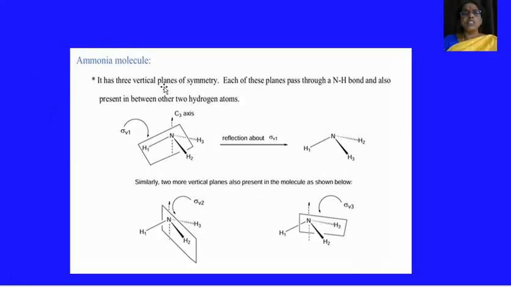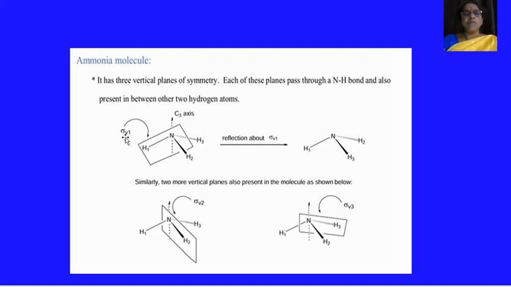Ammonia molecule possesses three vertical planes. The principal axis is the C3 axis passing through nitrogen, and all three vertical planes contain this principal axis, nitrogen and any one of the hydrogen atoms. That is, each of these planes passes through a nitrogen-hydrogen bond and also lies between the other two hydrogen atoms.